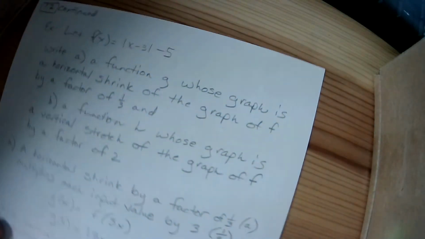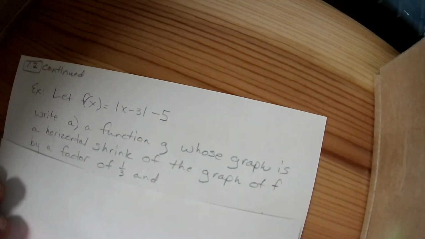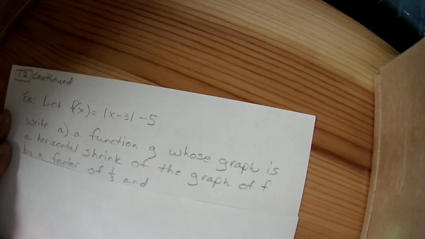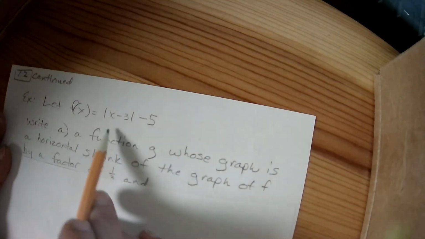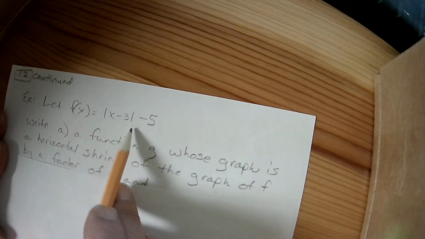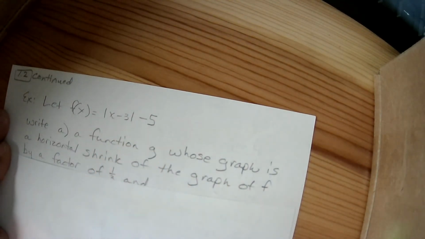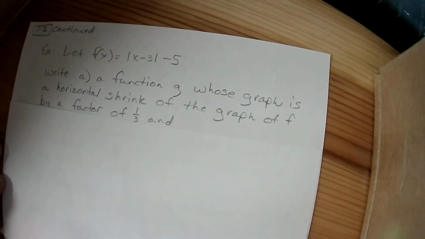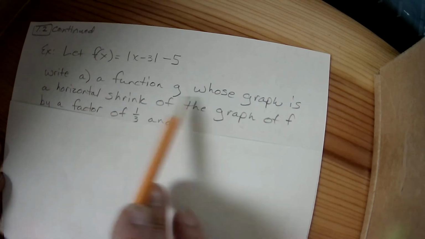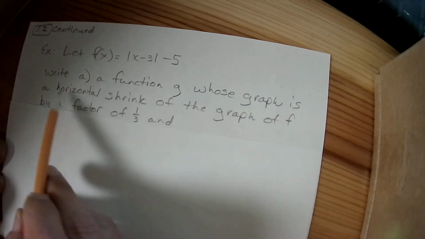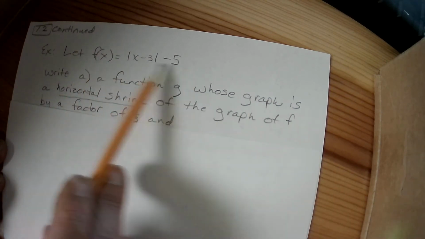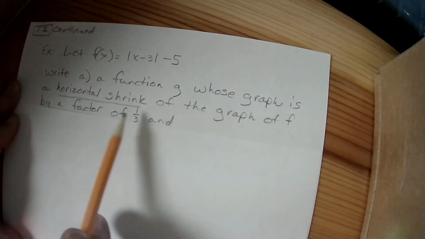Let's do an example where it's telling us to actually make a change to a function. All right, so let's say we have a function f of x equals the absolute value of x minus 3, minus 5. And the first problem that we want to do, we want to write a function g whose graph is a horizontal shrink of the graph of f by a factor of 1/3.